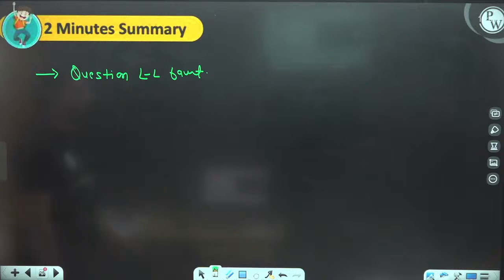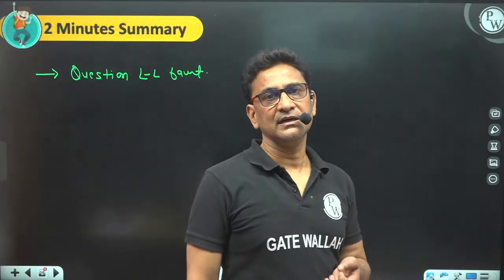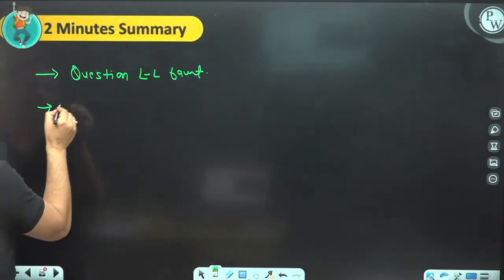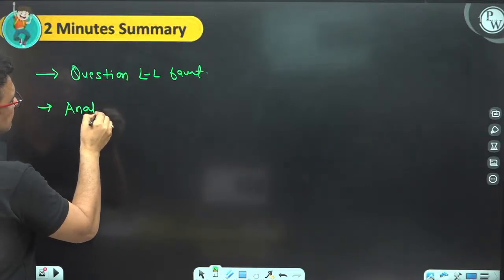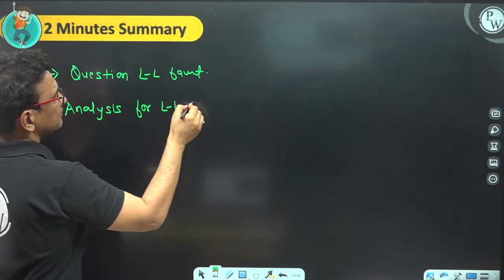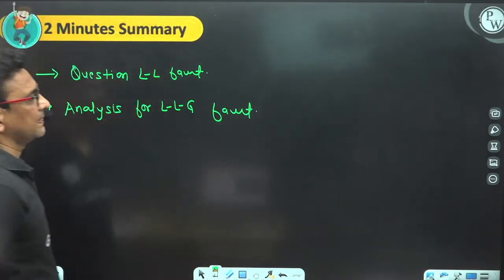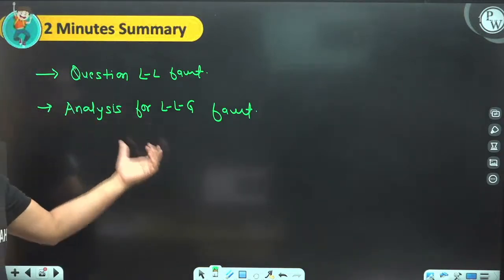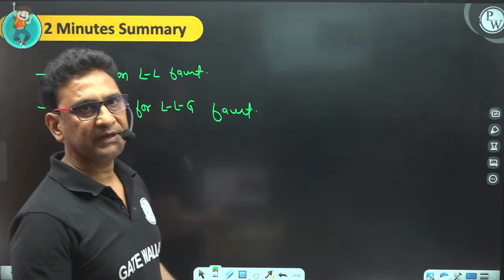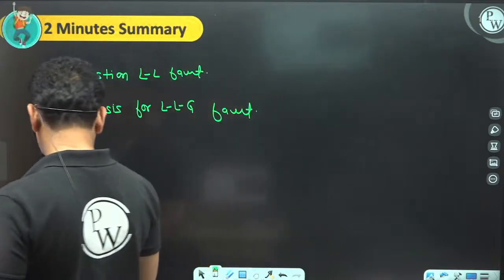Here we have learned how to get the value of fault current, phase current, line voltages and phase voltages. Then we have also done the analysis of the power system when a double line to ground fault occurs in the system.